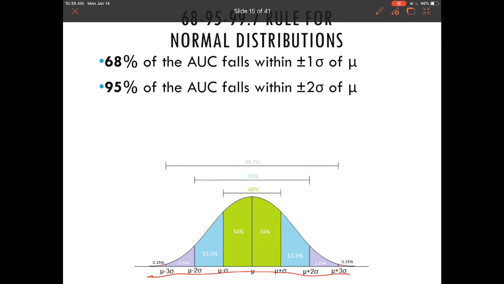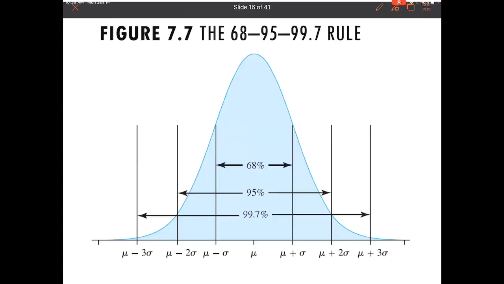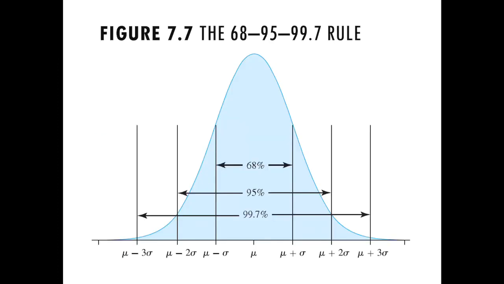The 95% will fall within 2 standard deviation units of the mean, and 99.7% will fall within 3 standard deviation units from the mean. So they showed you on one slide, and then here we have another way to look at it, where plus or minus 1 standard deviation unit will encompass 68%, and then if you go out 2, it'll encompass 95, and 3 will encompass 99.7.